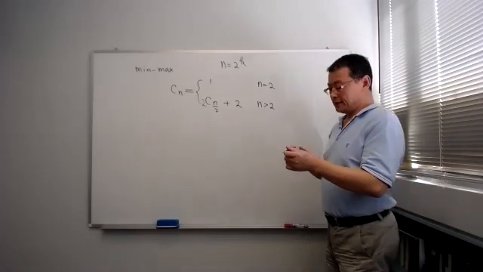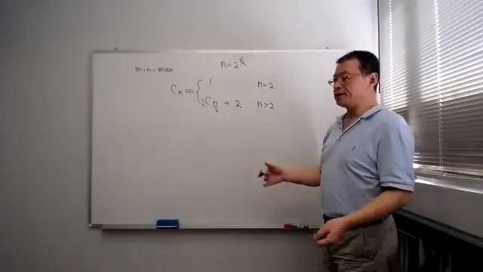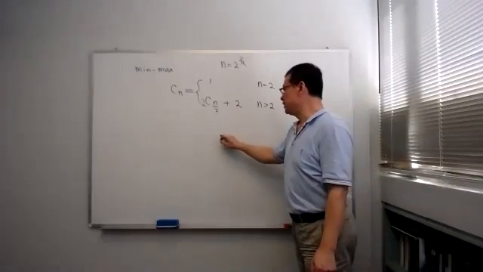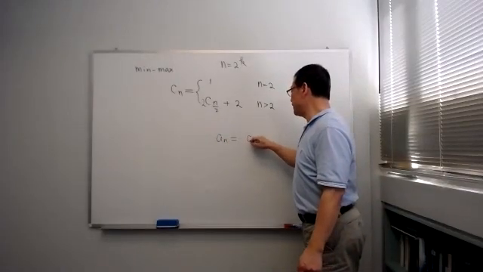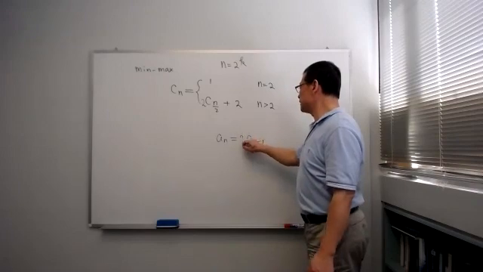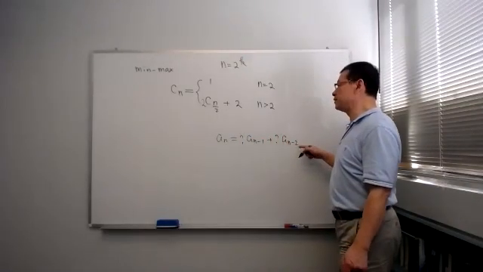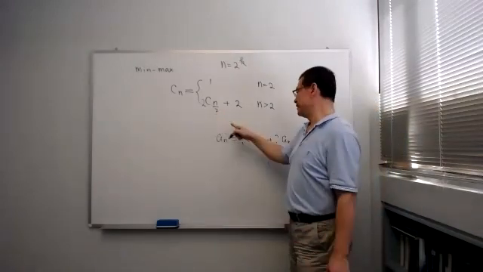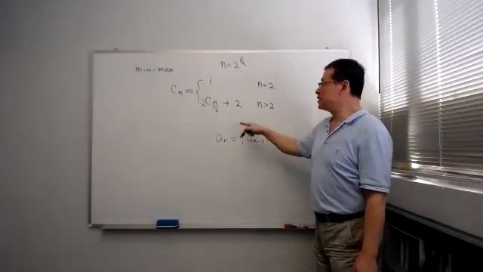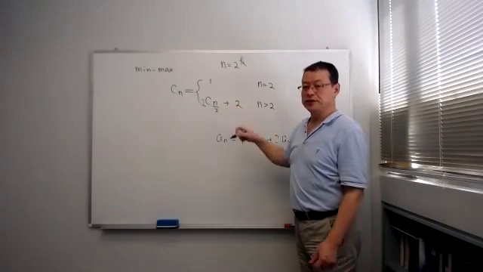All right. Now here the difference from the previous recurrence is that we saw a recurrence of a_n based on a_(n minus 1) or perhaps a_(n minus 2). But here this is not n minus something, but n divided by two.